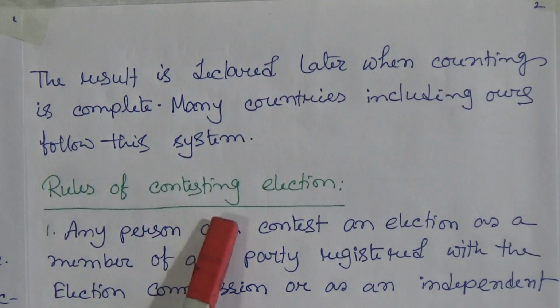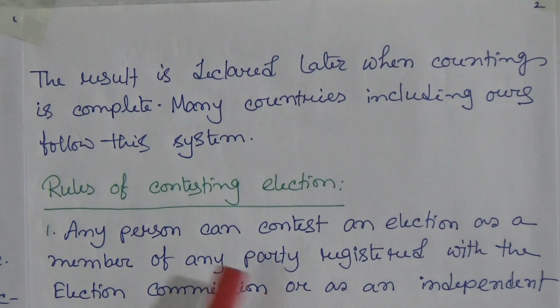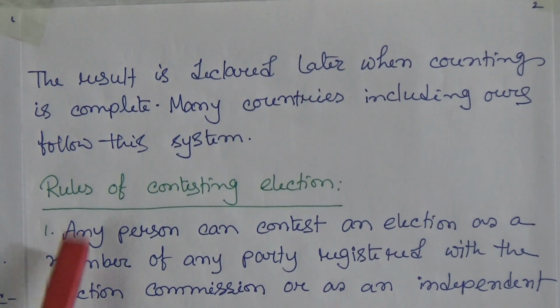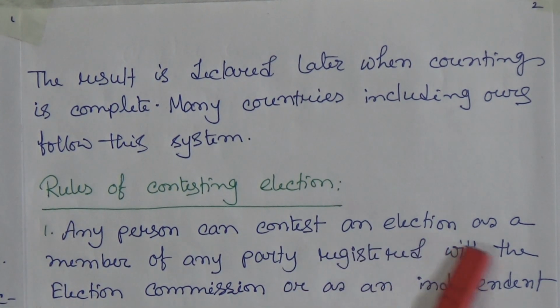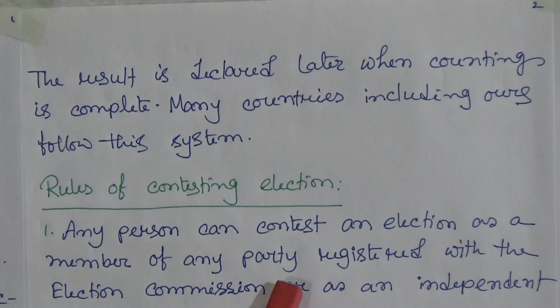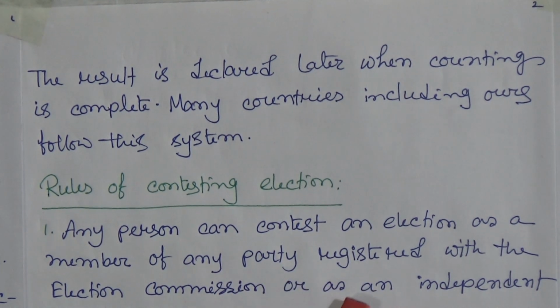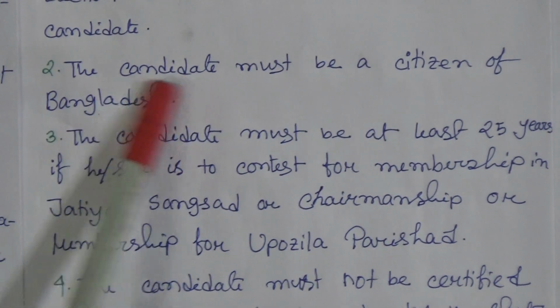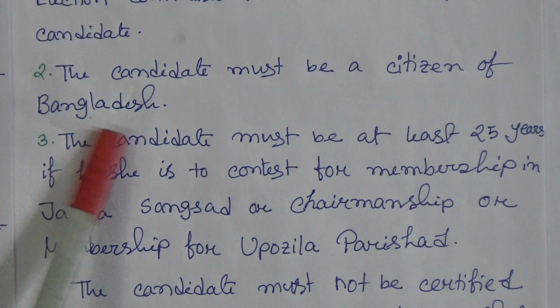Now, rules of contesting election. There are some rules for contesting the election. The first one is any person can contest an election as a member of any party registered with the Election Commission or as an independent candidate. Number 2, the candidate must be a citizen of Bangladesh.